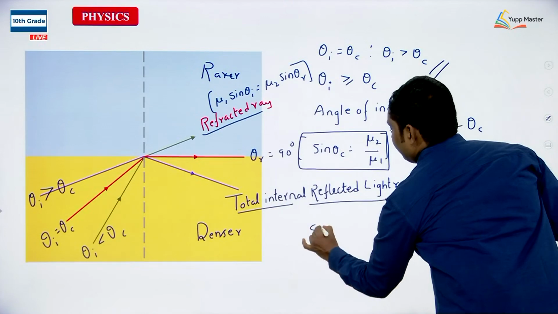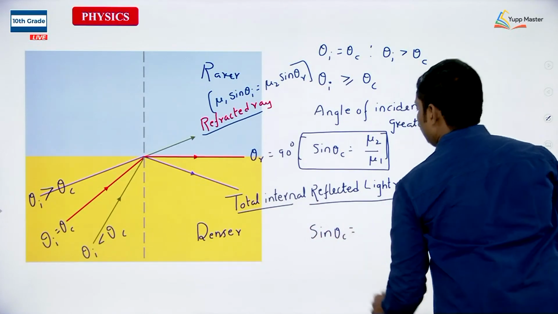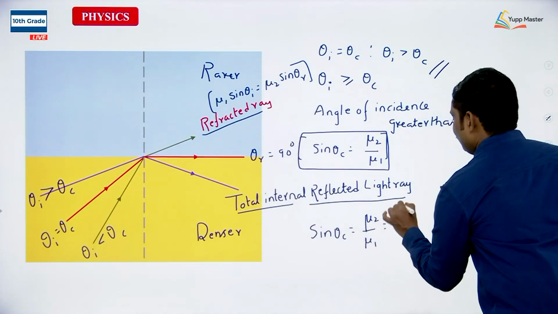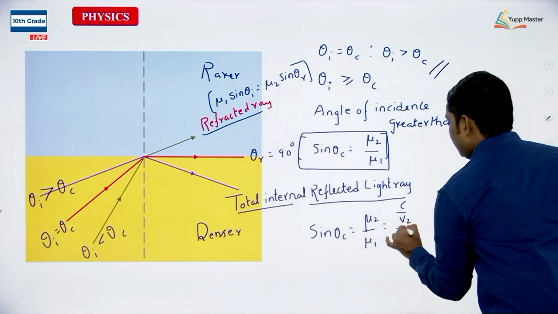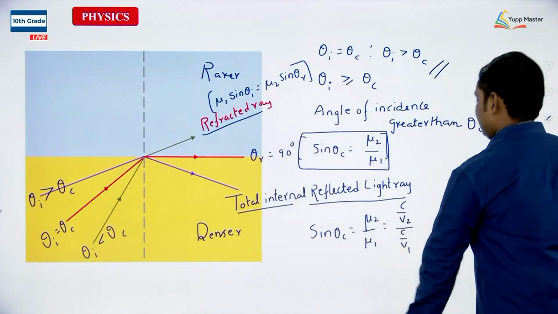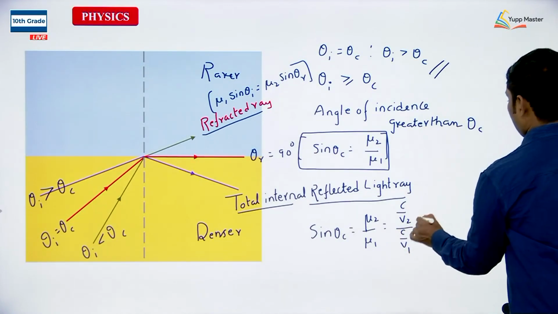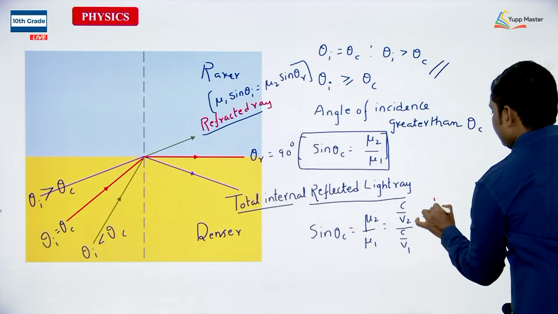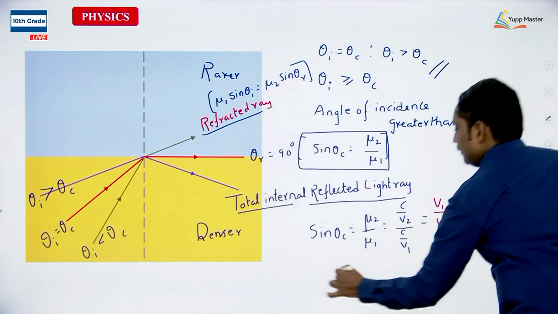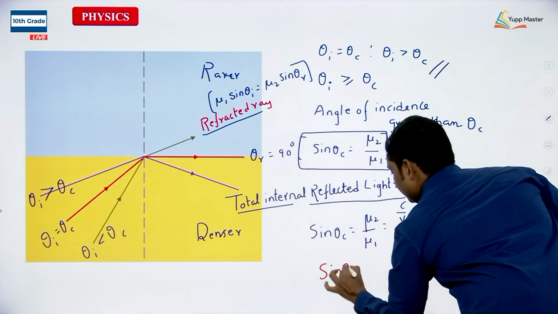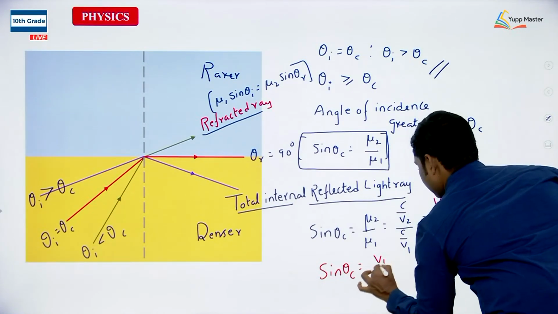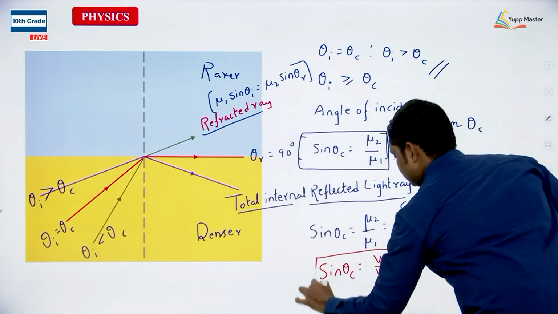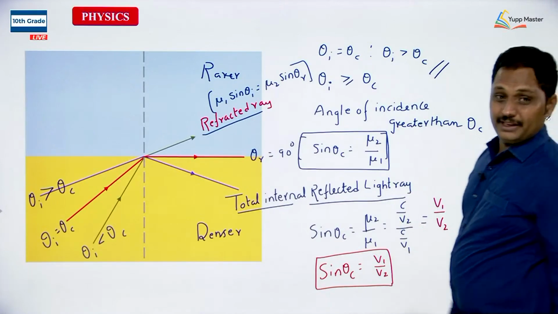That is equal to (c by v2) by (c by v1), so it is equal to v1 by v2. So, sin theta c is equal to v1 by v2. This is also one relation we can get.